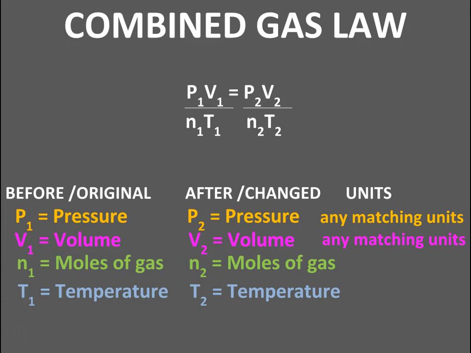Same thing for V1 and V2. It could both be in milliliters or they could both be in liters. As long as they're the same, you'll be good. Moles of gas, only one option. It has to be moles. And remember we said before, every single time you do a calculation with a gas law, your temperature has to be in Kelvin. So we'll be adding our 273 to our degrees Celsius.